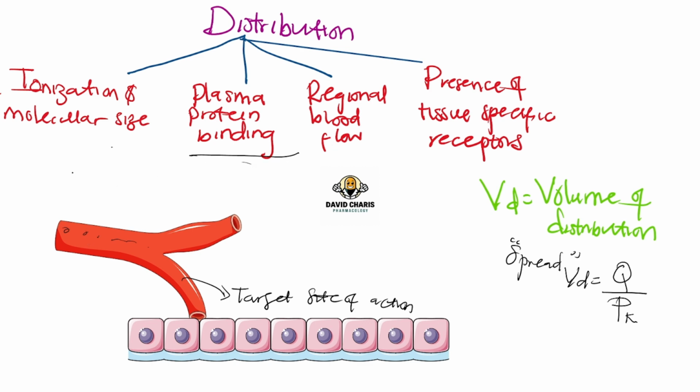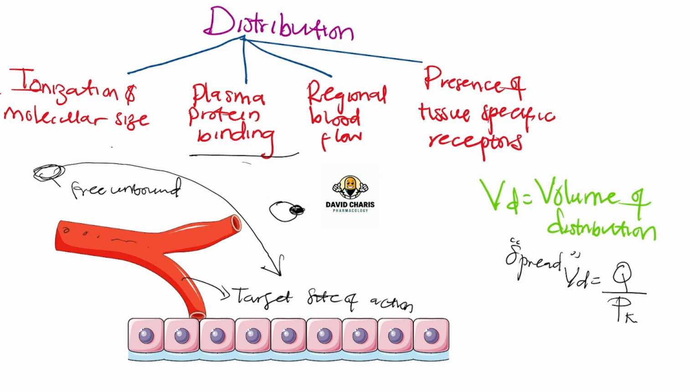Drugs that flow freely in the bloodstream can be easily distributed to the targeted sites, unlike drugs that are bound to plasma proteins. Let's say this is the plasma proteins. We have drugs that are free. Free unbound drugs can easily be distributed. That is, they have a high rate of distribution into the targeted sites of tissues and organs.